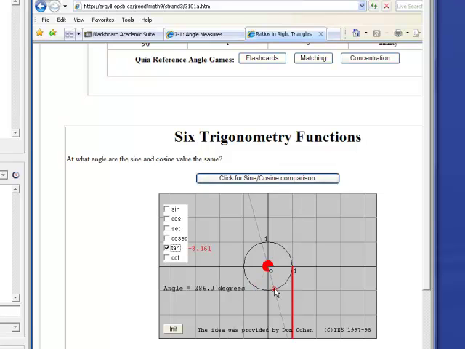Cosecant of 300 degrees. So here, 300 right there. There we go. For the cosecant, the reference angle here at 300 degrees would be 60 degrees. The cosecant of 60 degrees is the reciprocal of the sine of 60 degrees. We know that's the square root of 3 over 2. So cosecant of 60 degrees is 2 over the square root of 3.